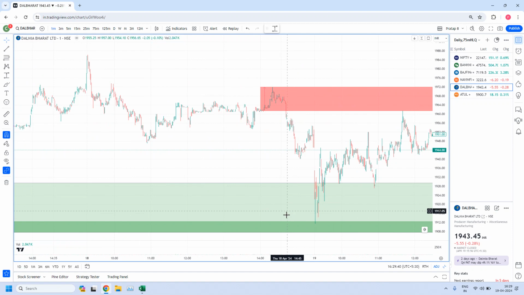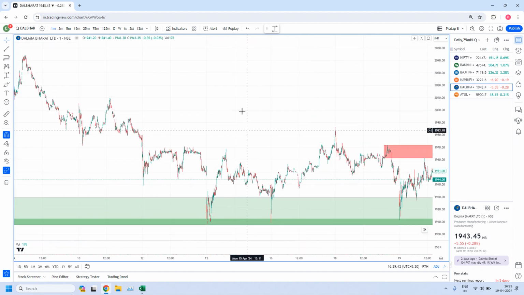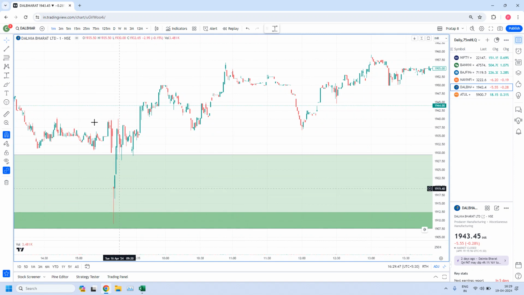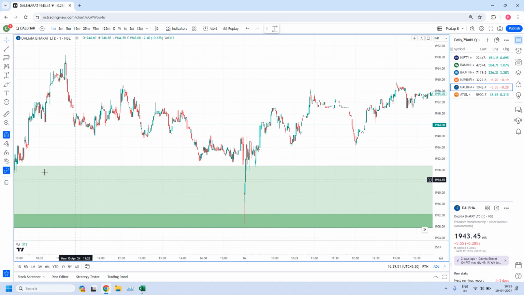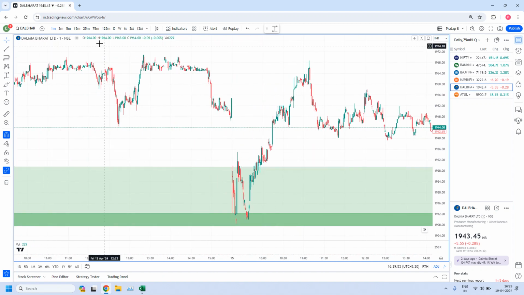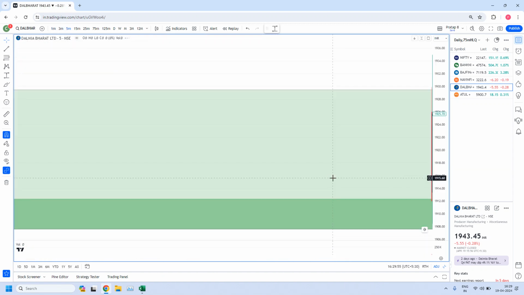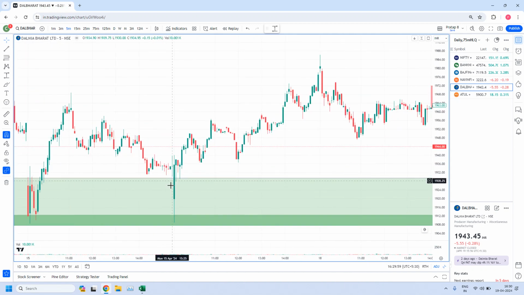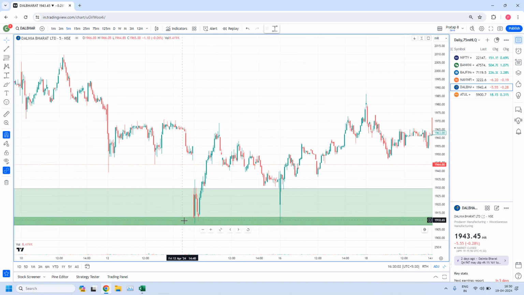And that is not the only thing, there is another reason why this zone will work. See the rejection previously. Huge rejection from this zone. Many times the rejections, you can clearly see the rejections at the 5 minutes time frame. See the rejection.